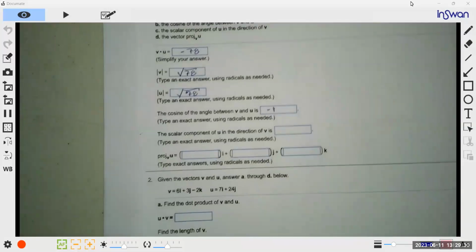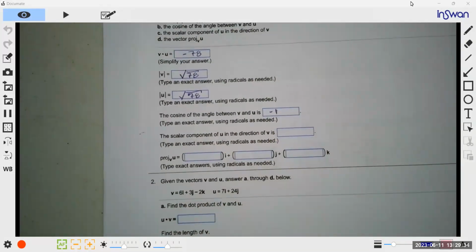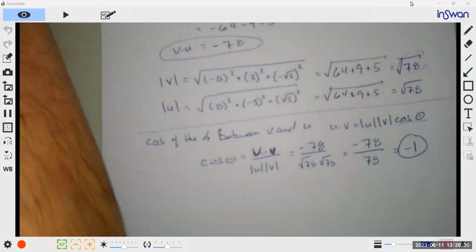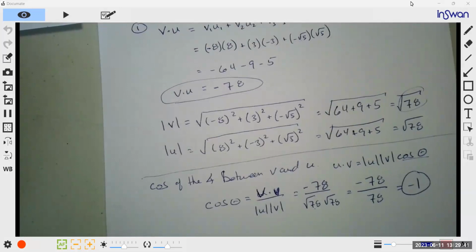Now we're looking for the scalar component of u in the direction of v. It's just now a scalar.